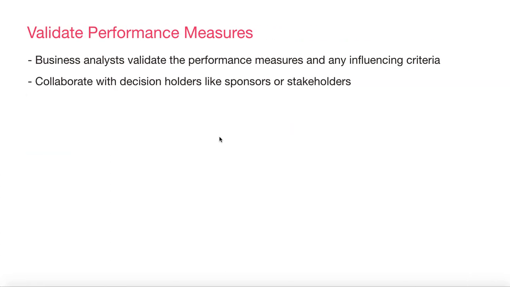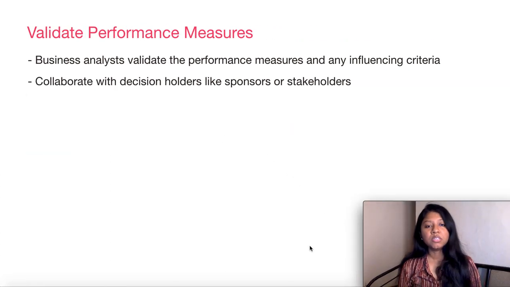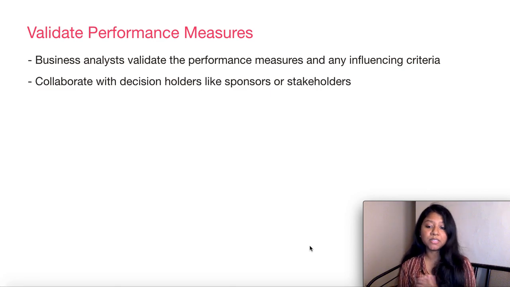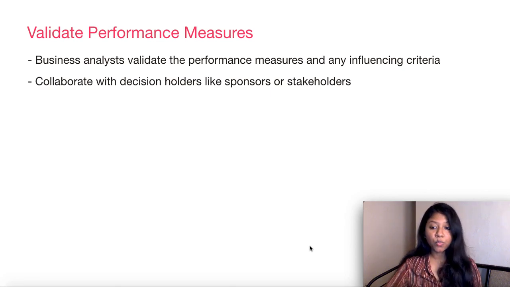You need to validate these performance measures and any other criteria that would influence these measures as well. Once you put everything down, you need to connect with the stakeholders and all decision owners in order to validate and see if this is what we are supposed to be collecting or not. And then you can tweak it a bit.